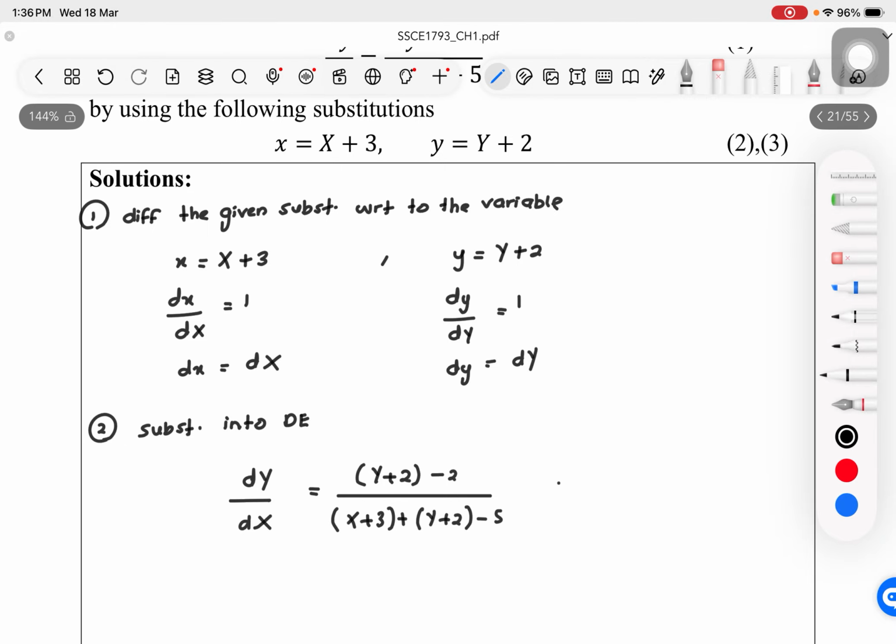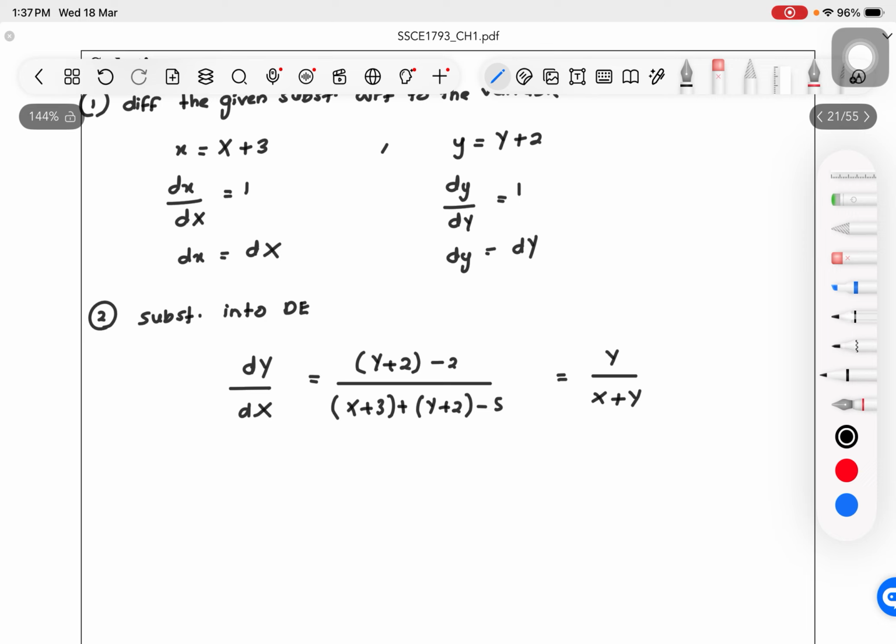We simplify, and so it becomes Y. Once you have this one, we are going to proceed with the homogeneous solution.